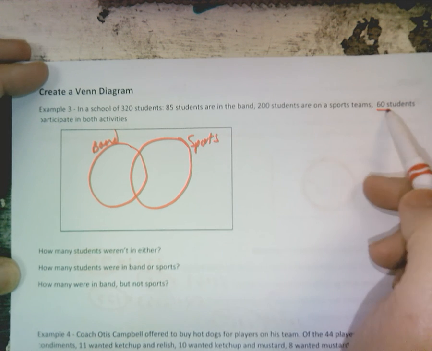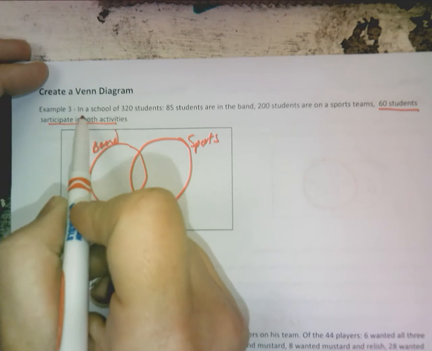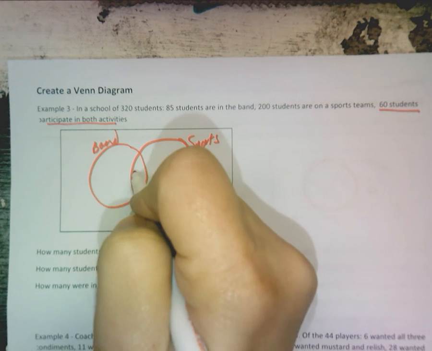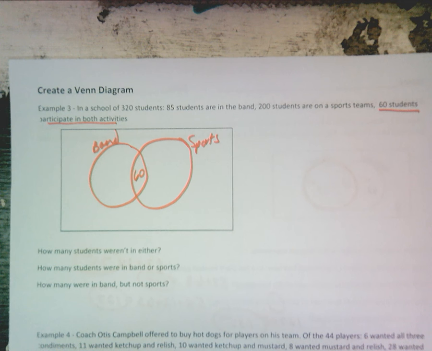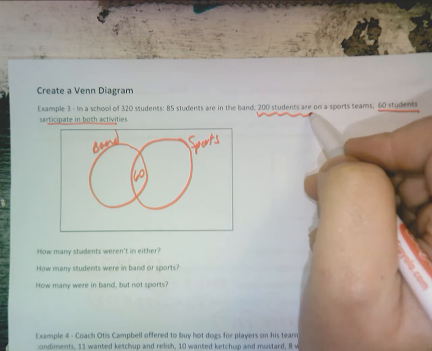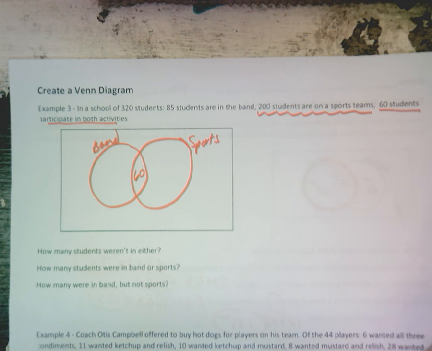You always want to start, it's usually at the end, where they do both or where they're overlapping in all three or something like that. So here, 60 are doing both, so they would go right there. Now, according to the next statement, 200 students are on a sports team.